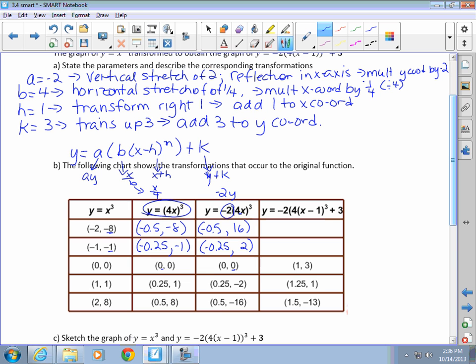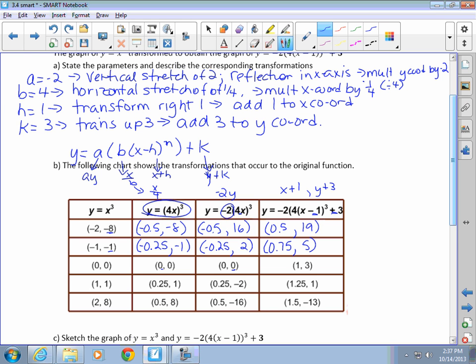The last part is to take your x value and add 1, and your y value and add 3. So -0.5 plus 1 leaves me with 0.5, and 16 plus 3 is 19. -0.25 plus 1 is 0.75, and 2 plus 3 is 5.